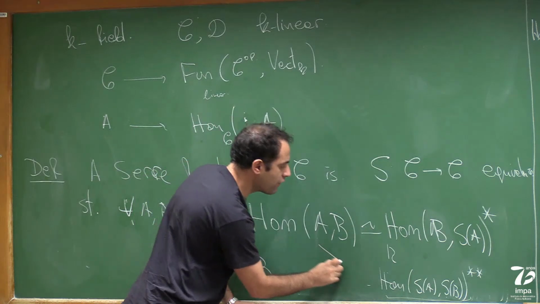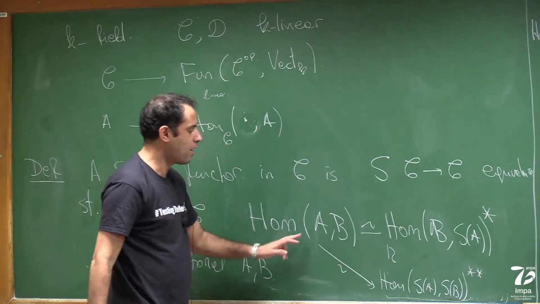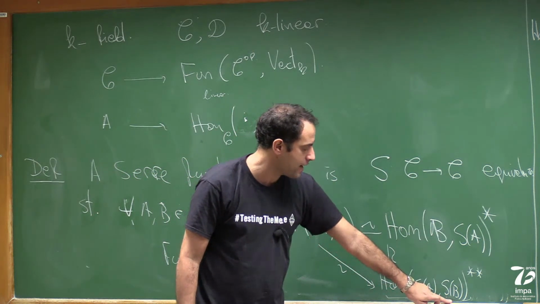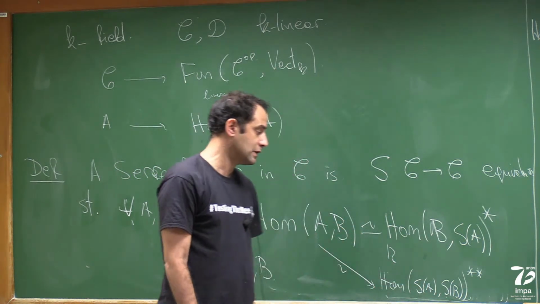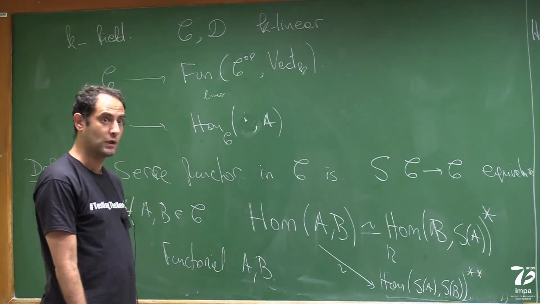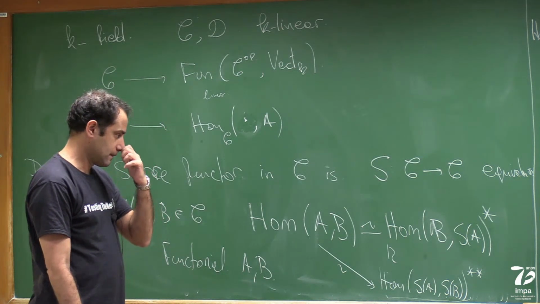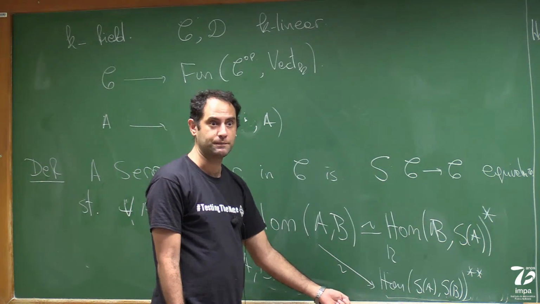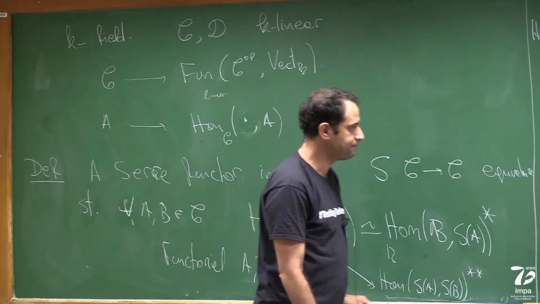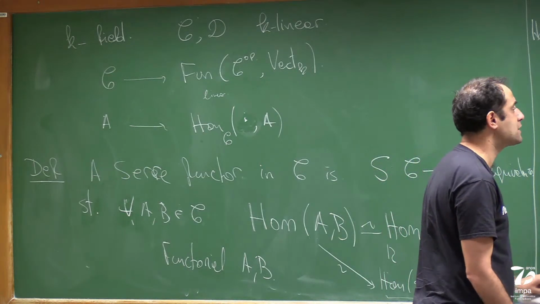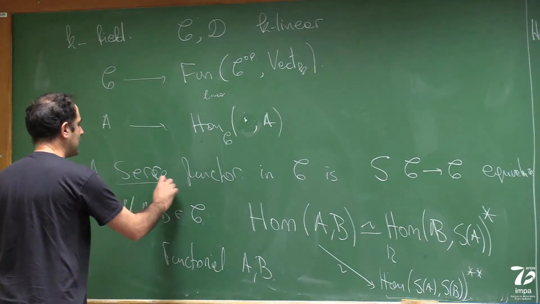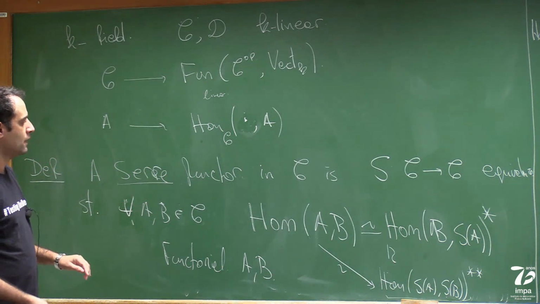So you get an isomorphism from Hom(A,B) to Hom(SA, SB) dual dual, which is Hom(A,B) dual dual. And that's the rigidity condition of these Hom spaces being finite dimensional. So let's assume that the Hom spaces are finite dimensional. So the name Serre functor at least should be clear where it comes from.